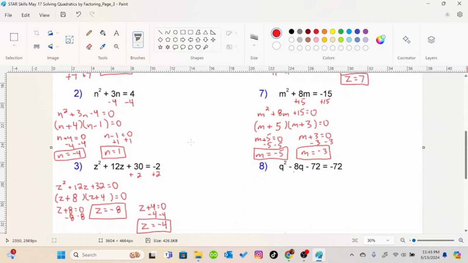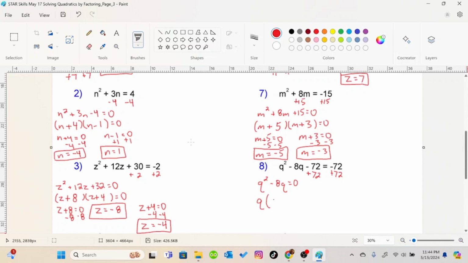Number 8. We're going to add 72 to both sides. This gives us q squared minus 8q equals 0. Now I can factor out a q.